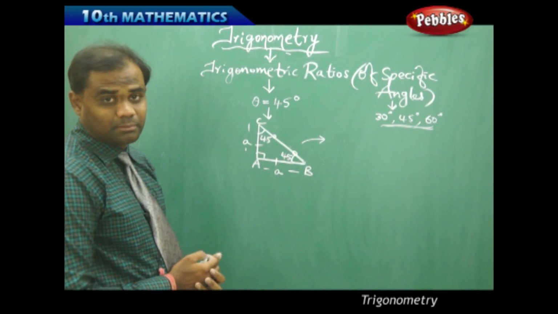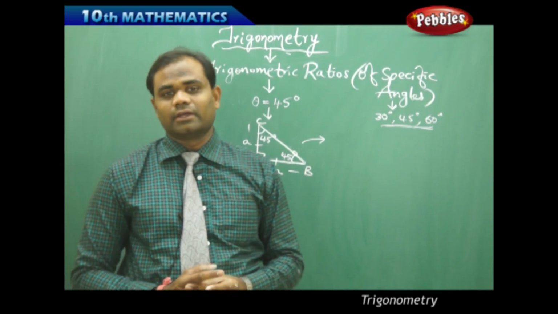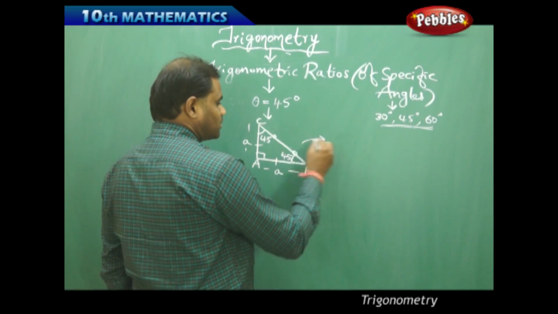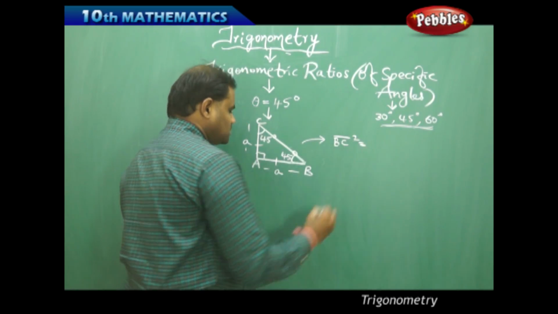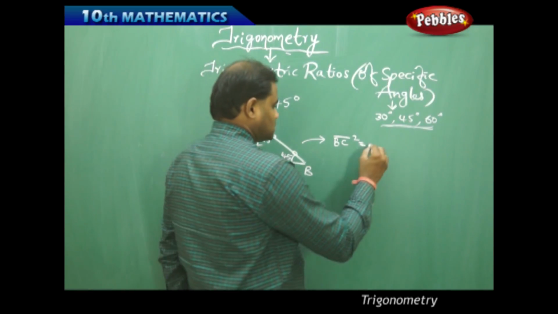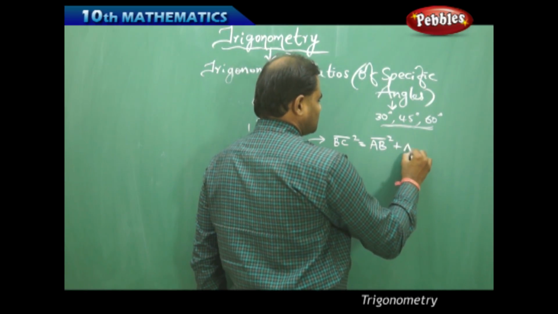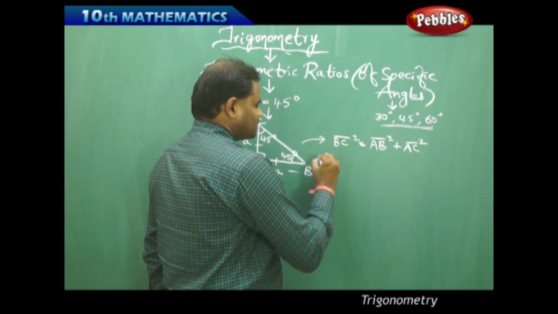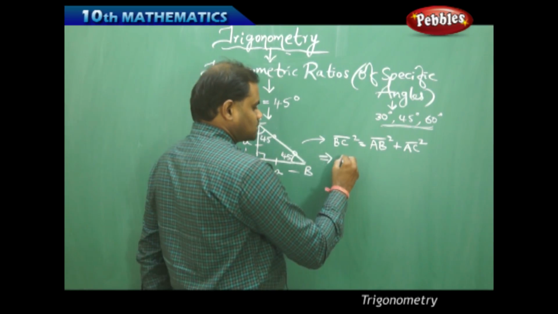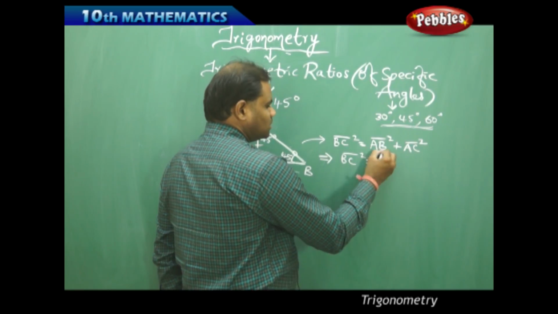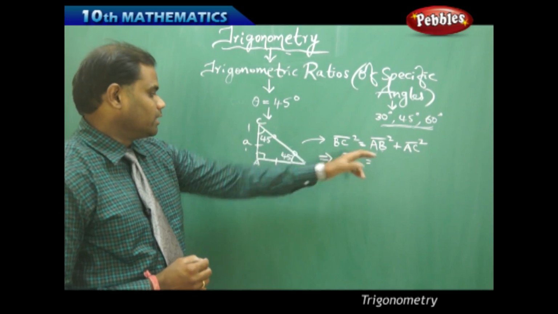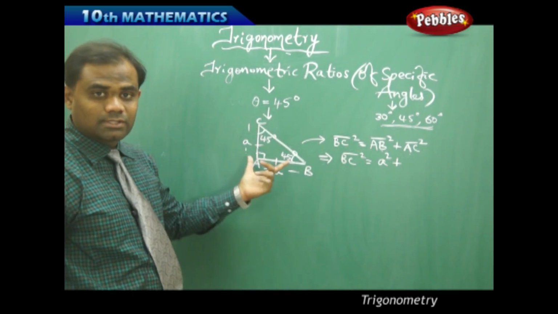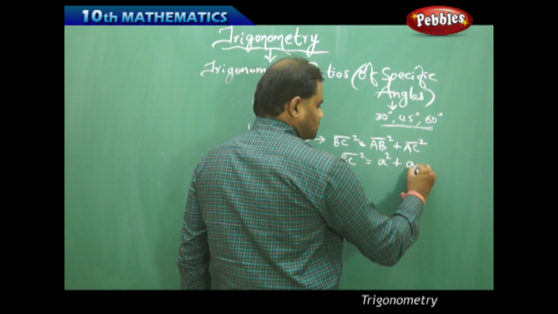So let me see how I can find BC initially, because to find sine 45, which is opposite by hypotenuse, I need the hypotenuse first. By using the Pythagoras theorem for the triangle, I have BC square equals AB square plus AC square. That implies my BC square, which is hypotenuse square, can be found using the right hand side of the Pythagoras theorem, where AB is already known to be A, so A square, plus AC, which is the same for this isosceles right angle triangle, again A square.